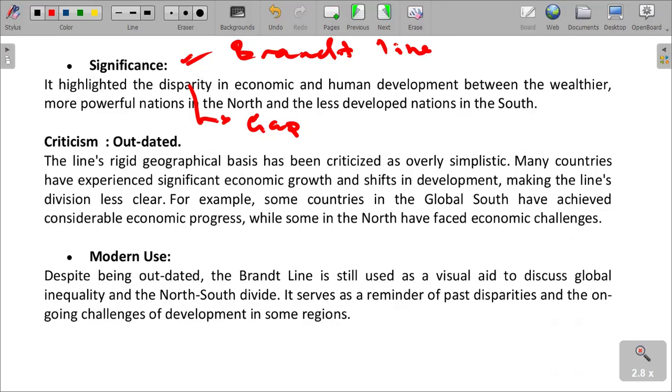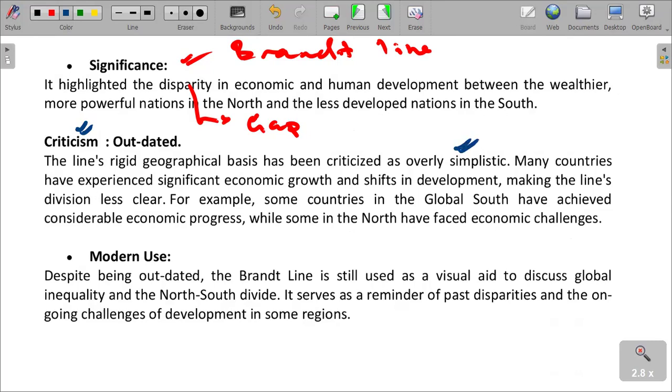So, what is the criticism of this? The criticism or the limitations of the Brandt line? The line's rigid geographical basis is the basis of criticism as being oversimplistic.